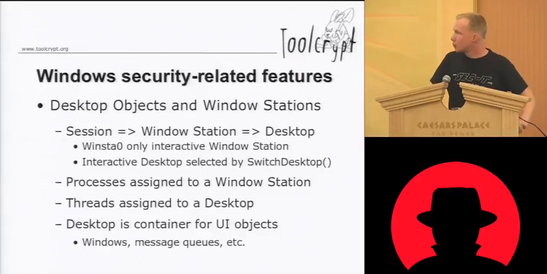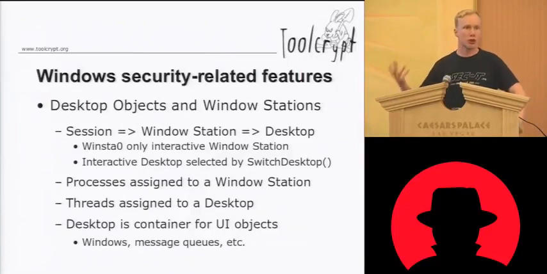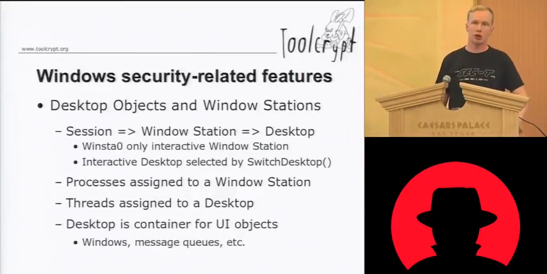The desktop object is interesting because it's the lowest level securable object that we have in the GUI model, which means that the desktop contains all the GUI objects, all the windows on your desktop, message queues for those windows, and all the other GUI elements. But within this desktop, there is no access control whatsoever.